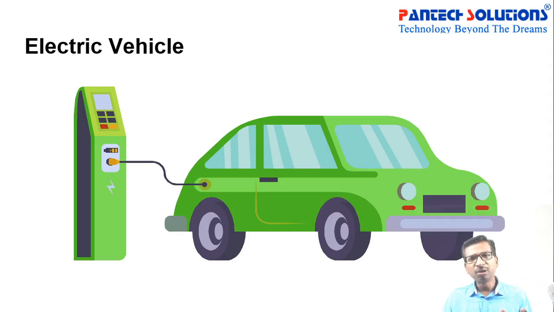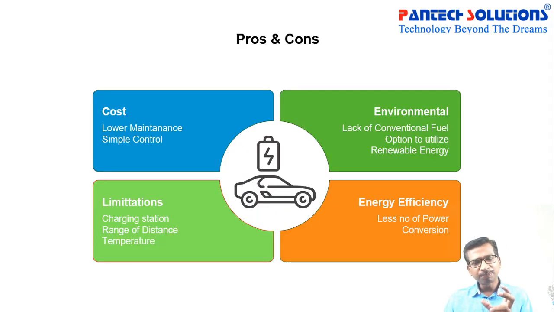Let us check one by one what all the things are and how we can develop the components. And what are the pros and cons of EV systems? First point is the environmental factor: it is absolutely a friendly environmental component.